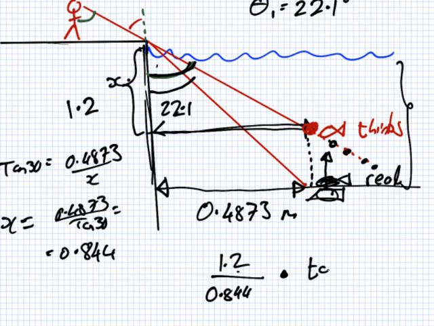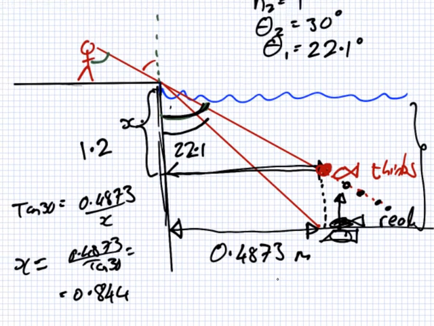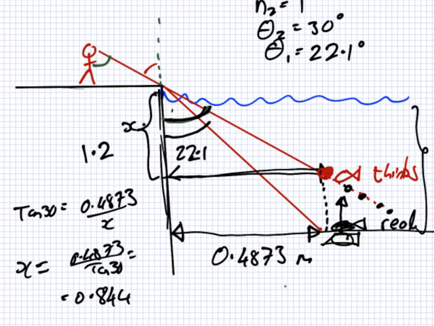But out of curiosity, what happens if I put tan here? What do I get? If I put a tan here, what if I make it tan 60? Tan 43. 2.4. Okay.